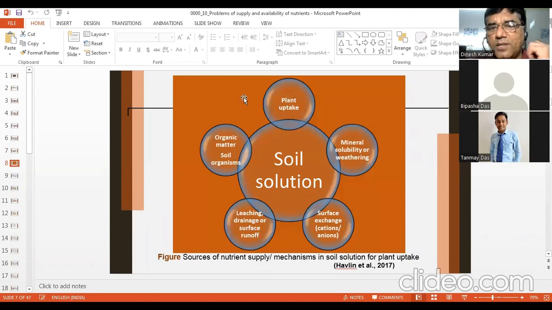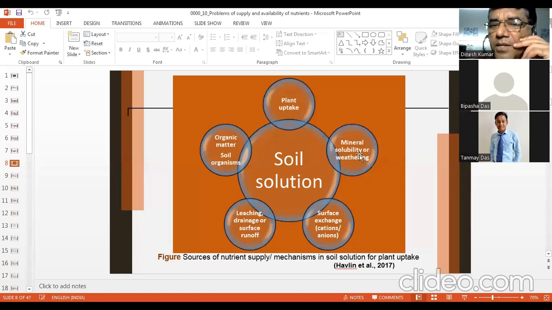Now you can see this picture, sources of nutrient supply mechanism in soil solution for plant uptake. This is the soil solution, and plant uptake of the nutrient is there. Nutrients can come from mineral solubility. Some minerals can be solubilized, or weathering of the mineral can occur, and some will be provided to the soil solution. Like phosphate fixed as calcium phosphate or aluminum phosphate can be solubilized by some amendments or other practices.